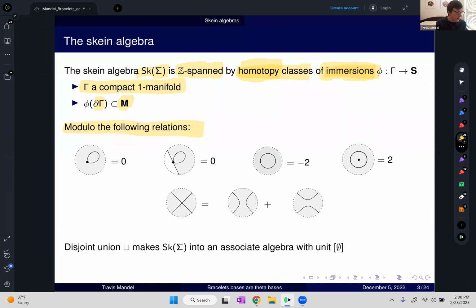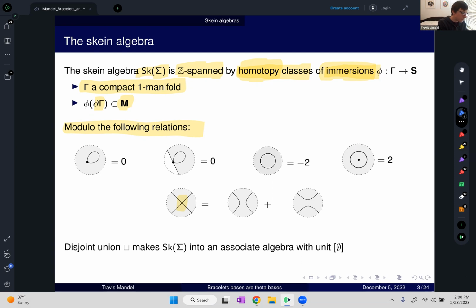And then maybe the most interesting relation, the skein relation: if you have 2 strands that cross like this, that's equal to the sum of the 2 ways that you can resolve that crossing. You should interpret all of these as local pictures, looking at just some piece of your knot or your curves.